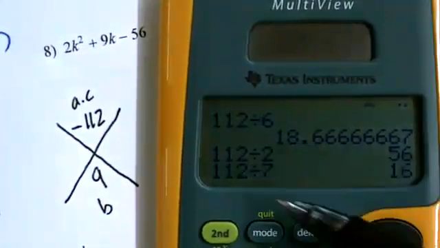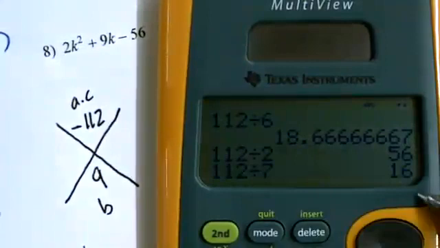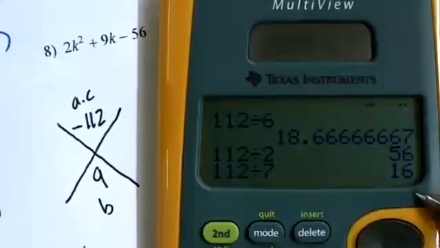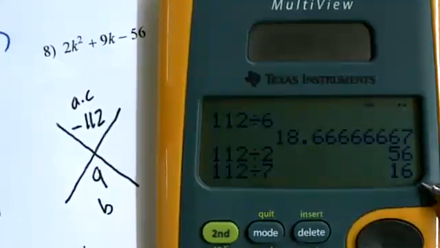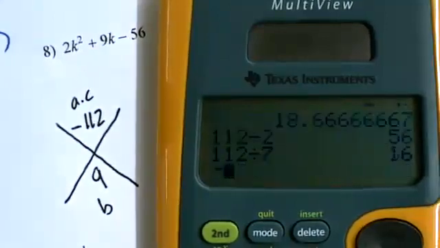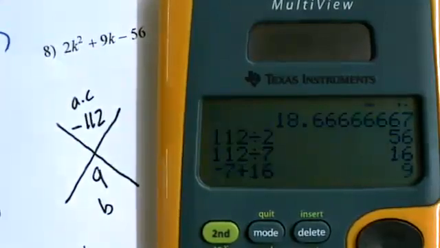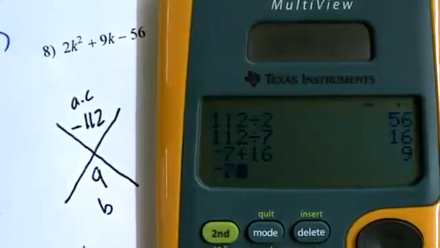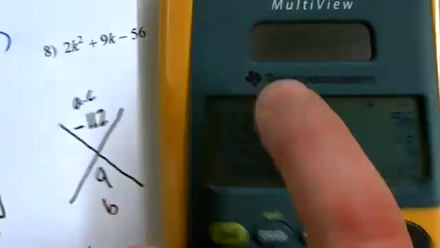Can you think of a way to add or subtract 7 and 16 to get 9? If we made the 7 negative and the 16 positive, I think that's going to work, isn't it? If I did negative 7 plus 16, that's 9. And negative 7 times 16 is negative 112. All right, so it's negative 7 and 16.